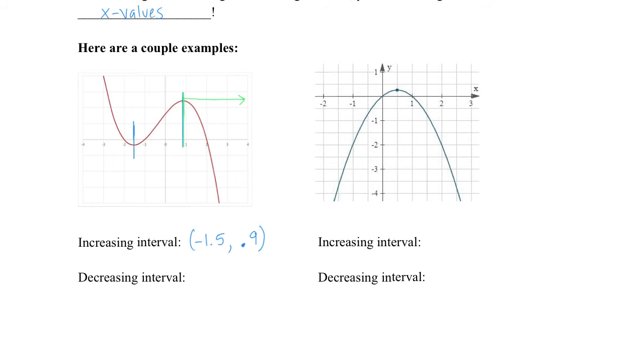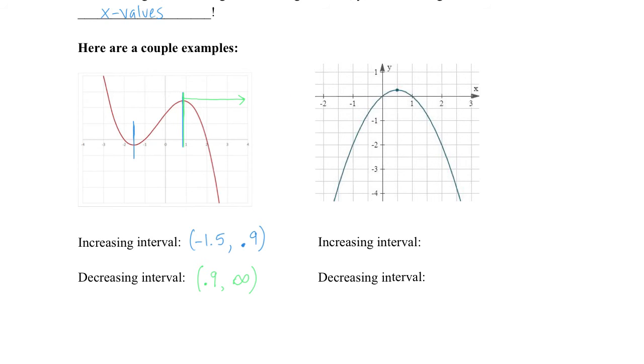How do I write that as an interval? Well, again, we're at 0.9, and it decreases forever. Now, I didn't put negative infinity because it's not the y value, it's the x value. This is going to positive infinity.